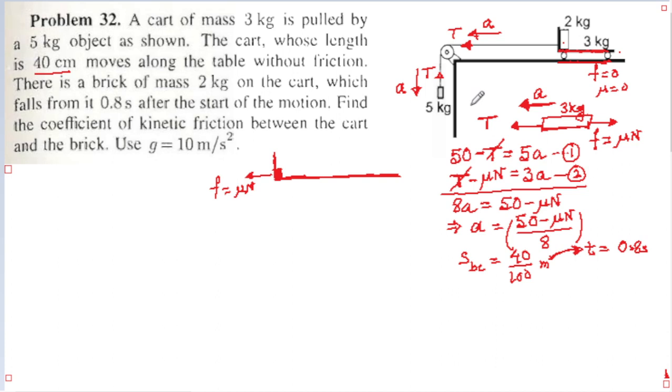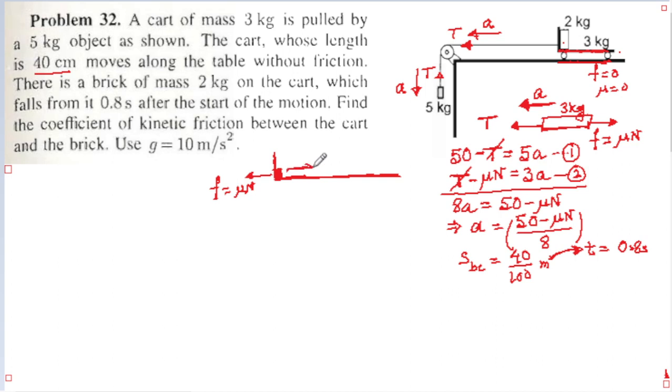But now in this case, the brick is driven by the cart. Therefore the direction of the friction force is in the forward direction, or in the leftward direction. Or reversely, as the tension appears here, the cart will have a pseudo acceleration. Let this pseudo acceleration be a.